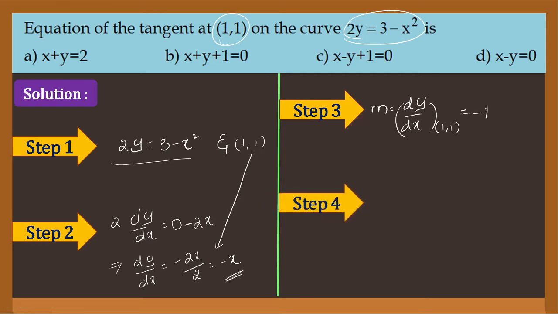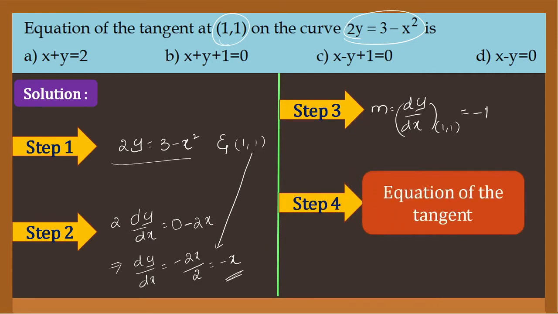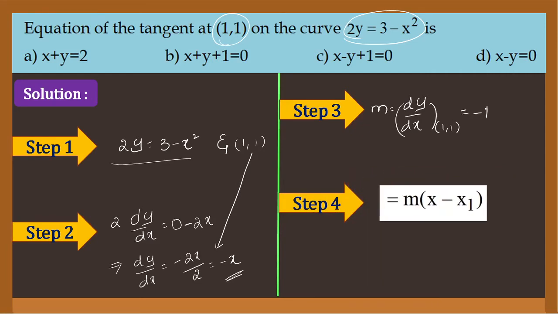Now, equation of the tangent is y minus y1 is equal to m into x minus x1. Here (x1, y1) is the given point and m is the slope.